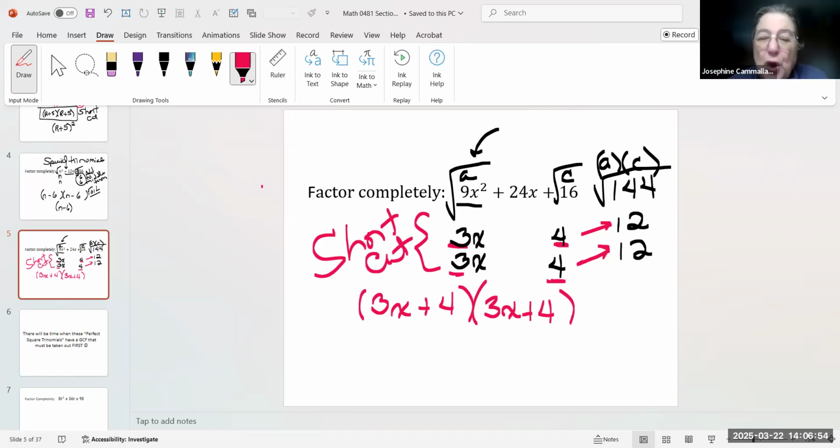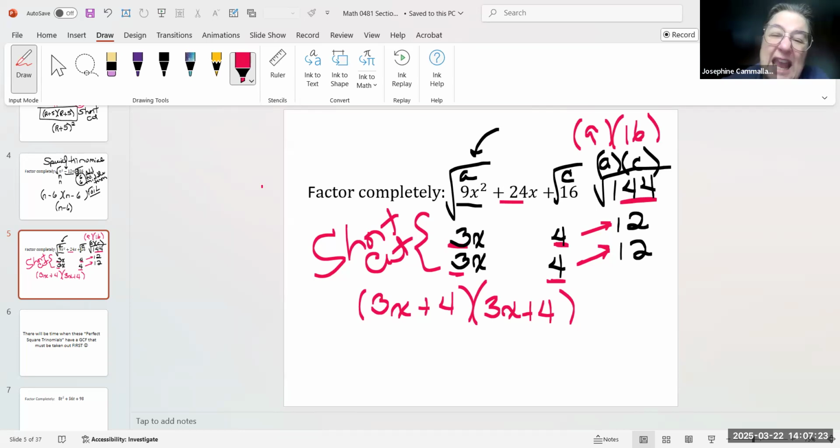But it only works if we can get the middle term. And this one is a little more difficult because we still have to take the A, which is 9, and the C, which is 16, and multiply them together. But this time we take the root, or find two identical factors that make 144, which is 12.